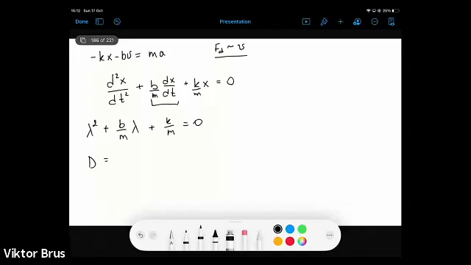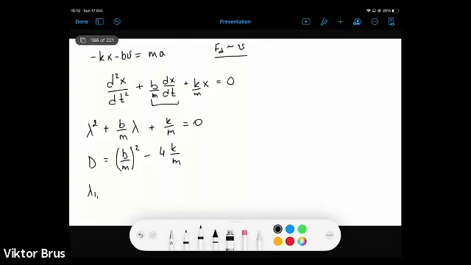And according to our particular case, it will be (b over m) squared minus 4 times k divided by m. So this is our discriminant, and the solution of this quadratic characteristic equation.